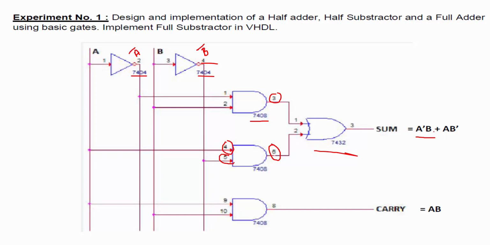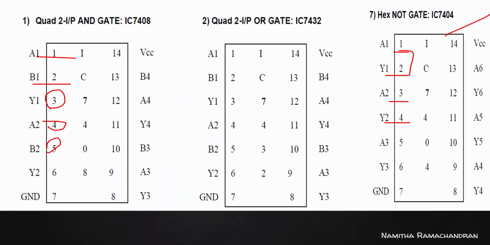We need to perform the OR operation. So take one OR gate again and take this 3 out and 5 out of our 7408 IC as the 2 inputs of our 7432 IC. That is the 2 input OR gate. Okay. Then this will be our final sum output, A bar B or A B bar.